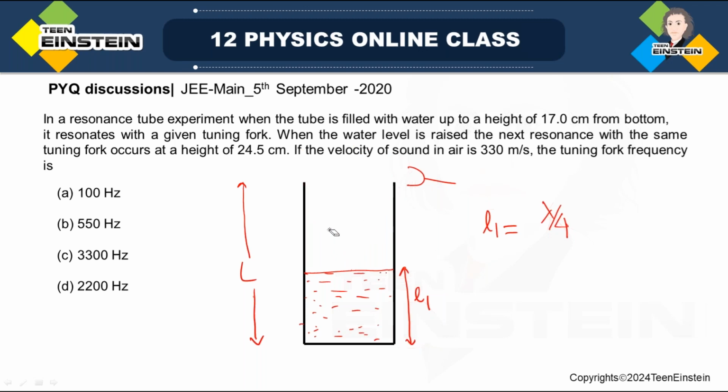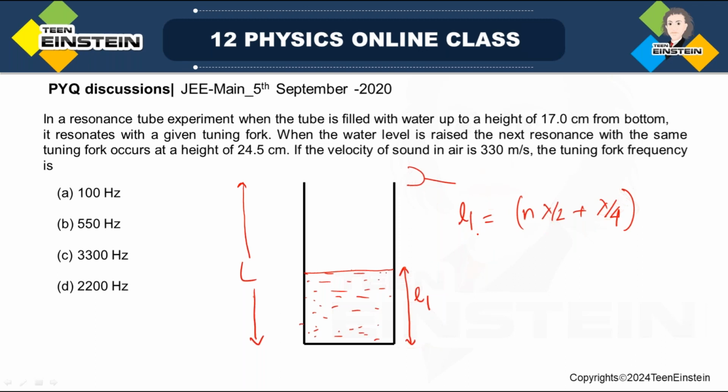We should take the general formula, that is L1 is equal to, suppose, n lambda by 2 plus lambda by 4. This corresponds to this L1 length.